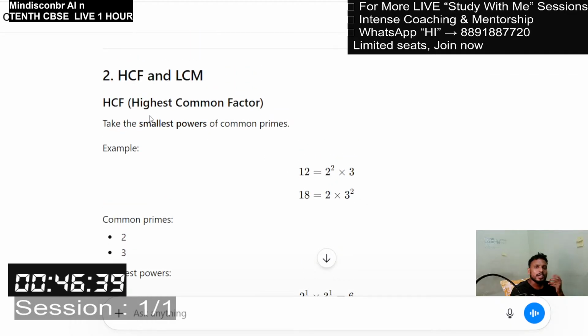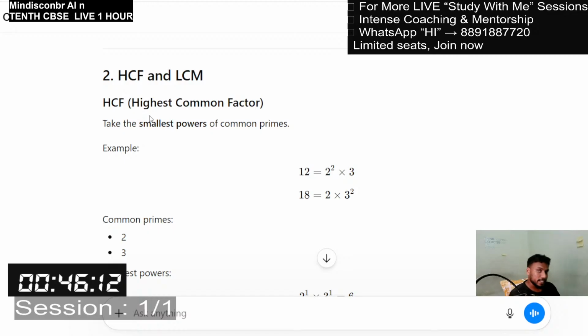Always remember, the full form of HCF is highest common factor. Since we are using the prime factorization method, we have to select only the common factors. For example, in 12 and 18 the common factors are 2 and 3, so we take both 2 and 3.